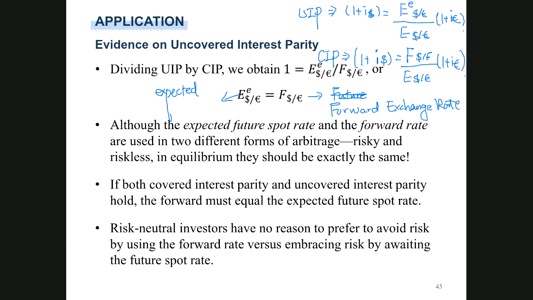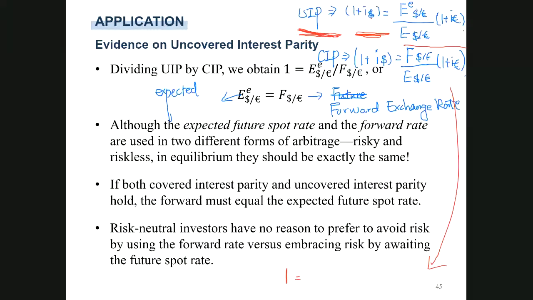So you simply divide those two: divide UIP by CIP. What would you get? On the left-hand side, it's the same thing: 1 plus the dollar interest rate in the US, so the left-hand side becomes 1.